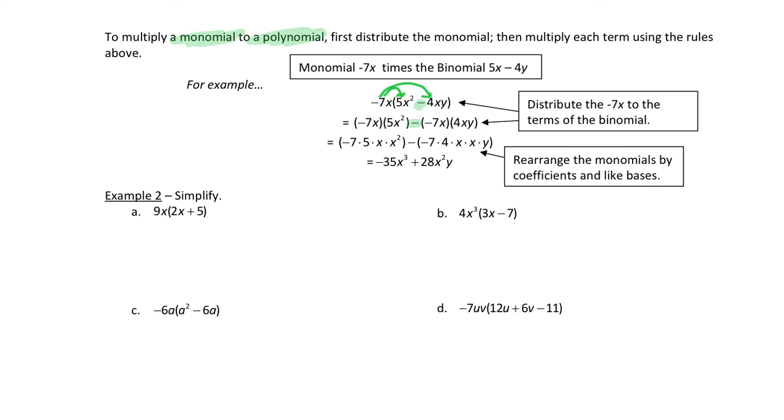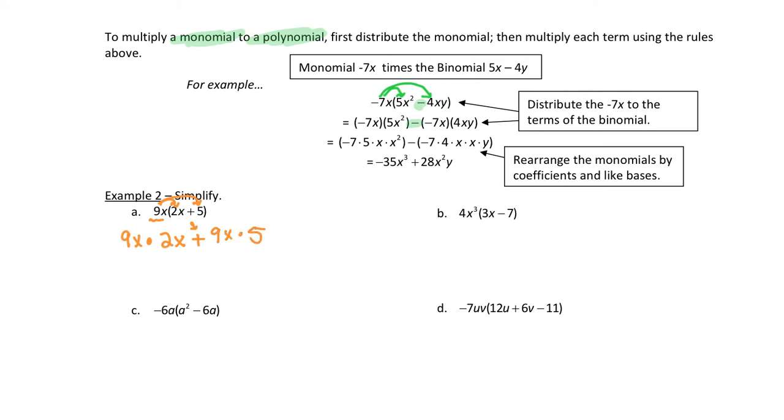Let's try one together. We're going to start by taking this 9x and distributing it to the 2x and then to the 5 here. So this monomial times that trinomial. We'll have 9x times 2x. Then bring down the plus. And now we've got 9x times that 5.